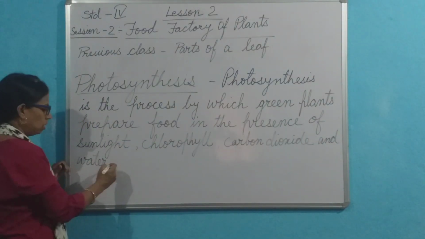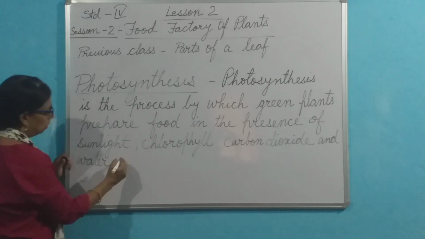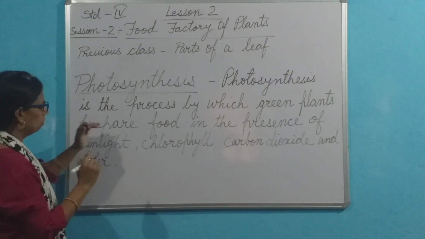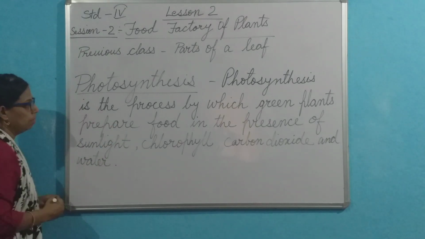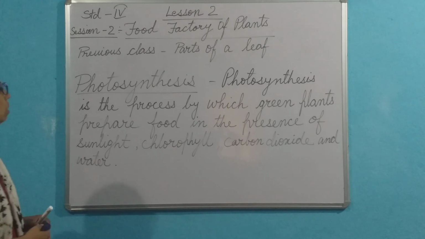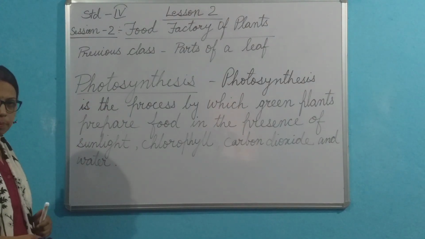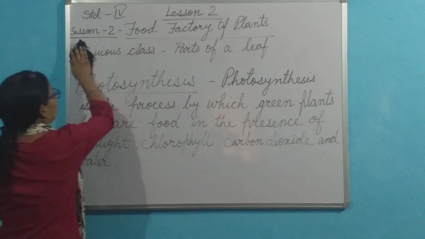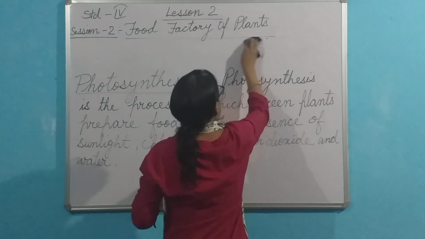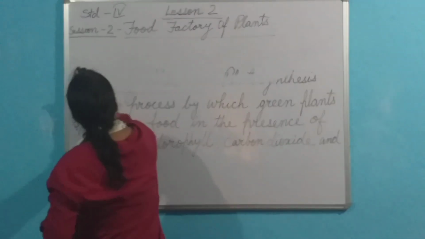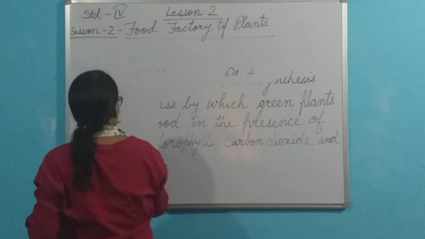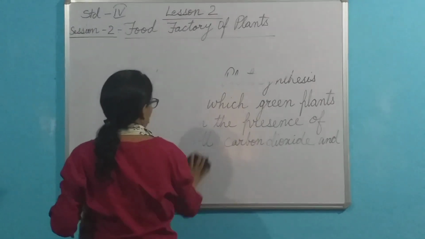And this photosynthesis occurs in the leaf. Okay, we will go into detail next time. So this is the definition. Now let us see how this photosynthesis takes place. The process of photosynthesis takes place in the leaf of the plant.